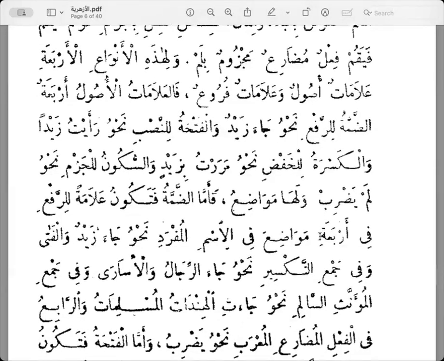فأما الضمة فتكون علامة. So here, we have to understand that people think in different ways. I'm a product of the 20th and 21st century West, so I think in a certain way. For me, if you wanted to represent this information, you would represent it in a chart.